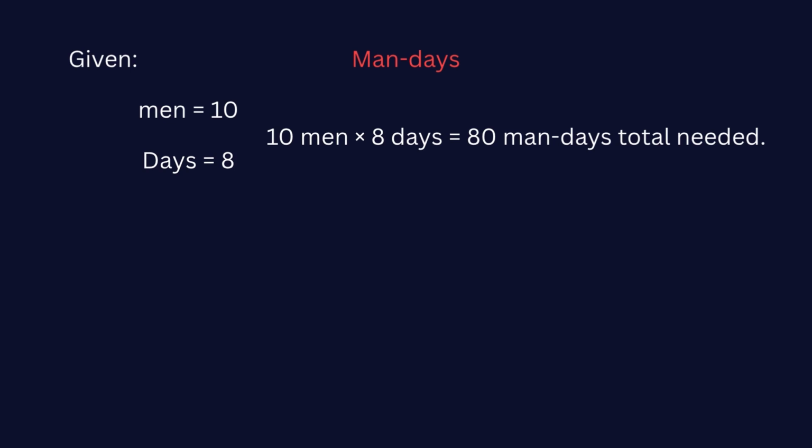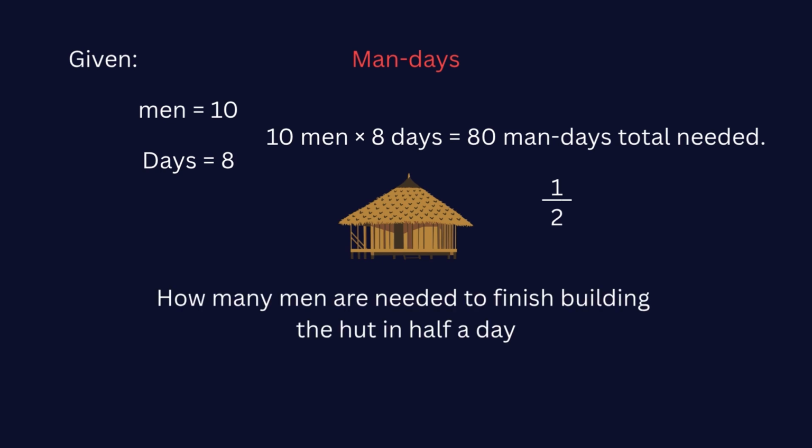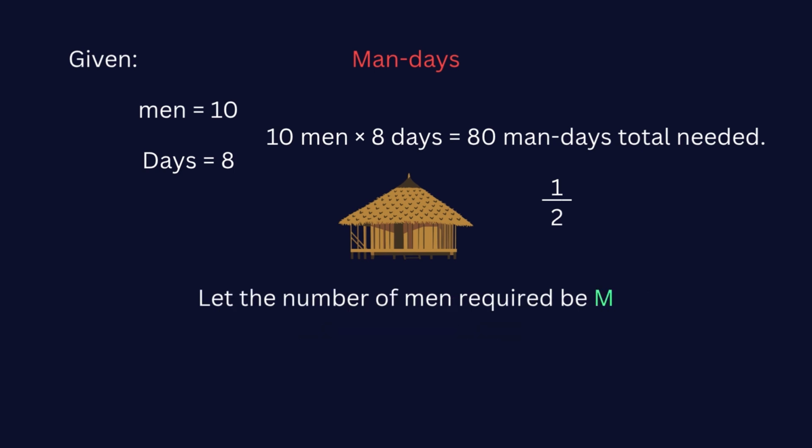So I need to set up the desired time. We want the hut done in half a day. So the question is asking how many men are needed to finish building the hut in half a day. Let the number of men required be M. I can write that as M equals 80 divided by 1/2 day, because I need half of a day.